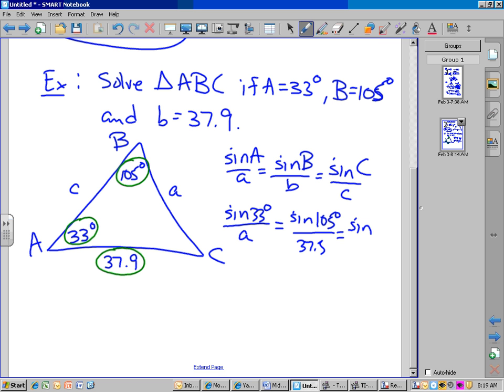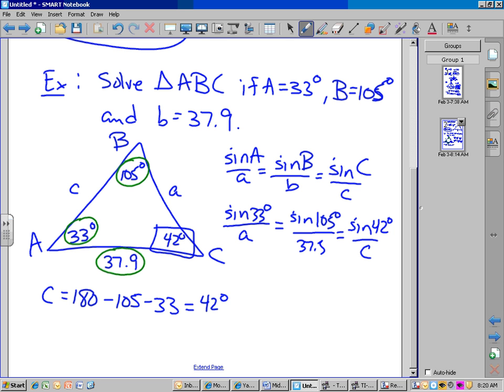What's C? 180 minus 105 minus 33, which is how much? 42 degrees. So we can find C. So sine of 42 over c. So we need to find side a and side c.